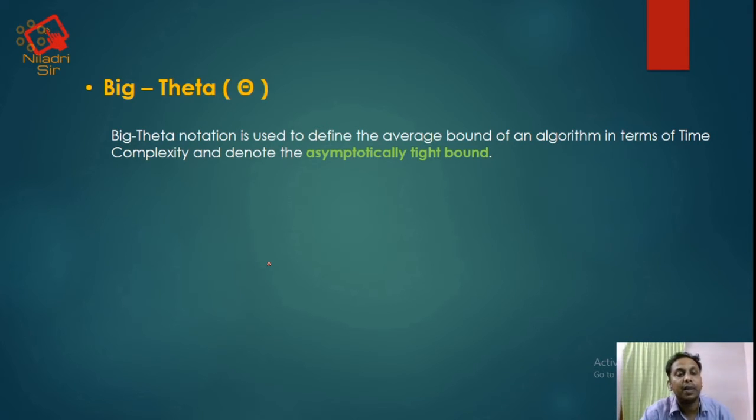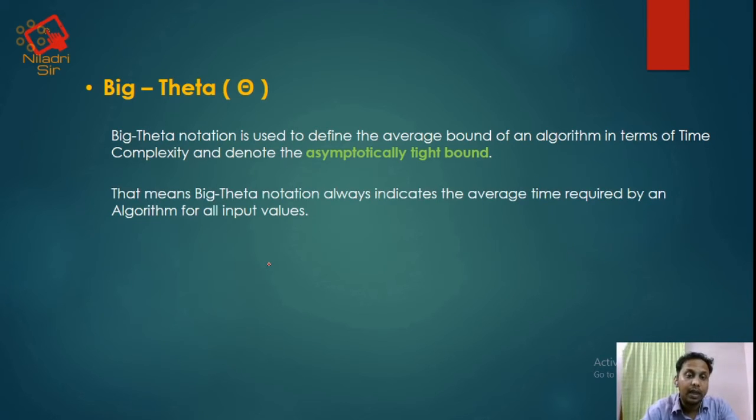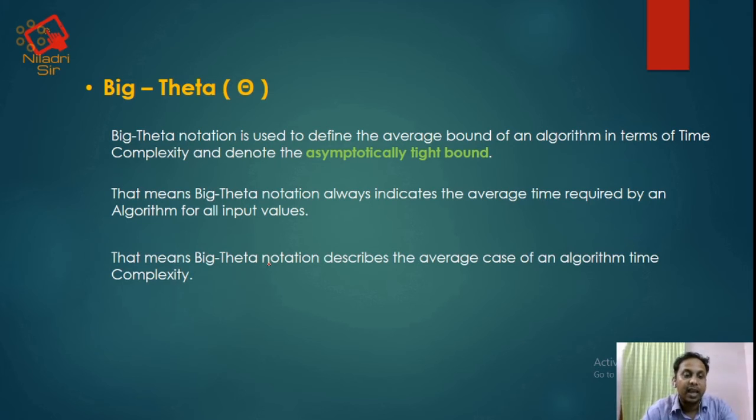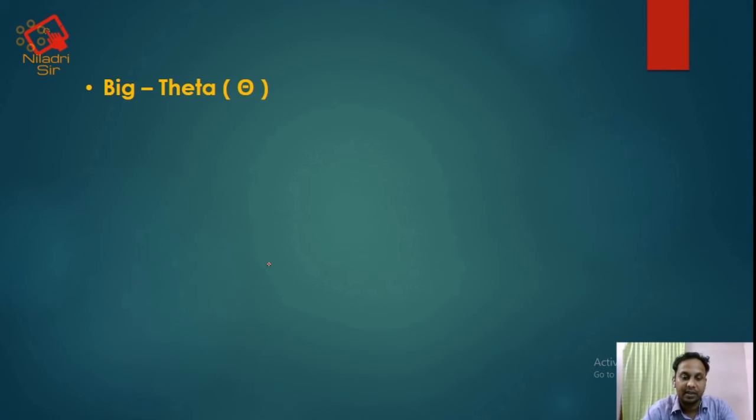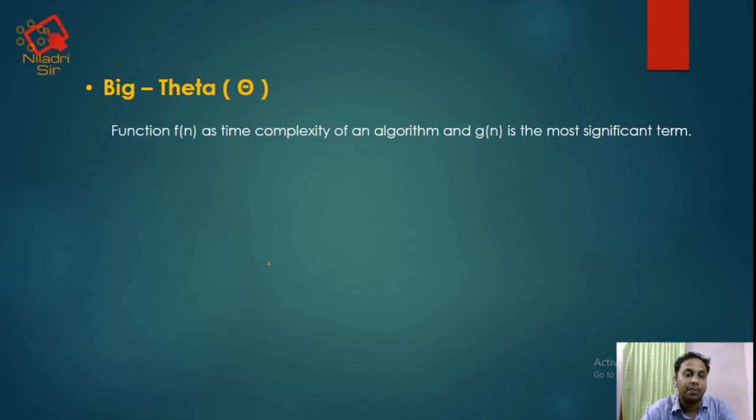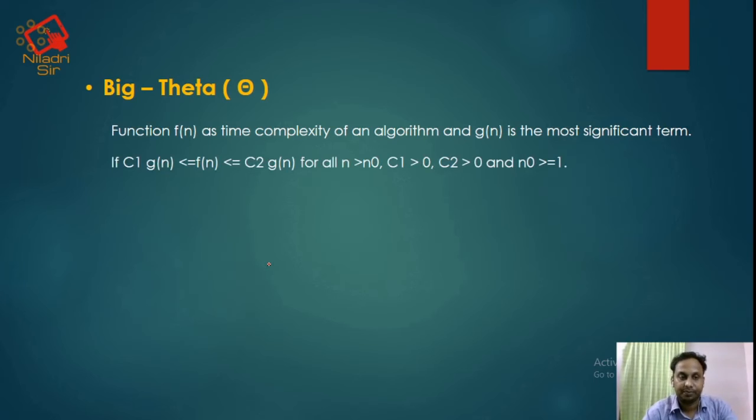This is the middle of the best case and worst case. That is, big theta notation always indicates the average time required by an algorithm for all input values. This means big theta notation describes the average case of an algorithm's time complexity, okay. So suppose there is a function f(n) as the time complexity of an algorithm and g(n) is the most significant term.